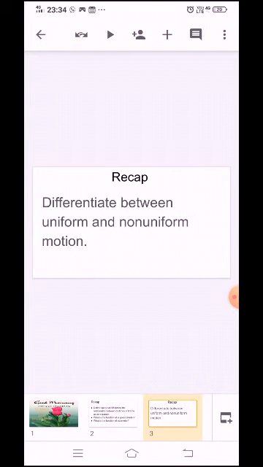When a moving body does not cover equal distances in equal intervals of time, it is said to be in non-uniform motion. The distance-time graph for uniform motion is a straight line passing through the origin. In non-uniform motion, the speed of an object is not constant.